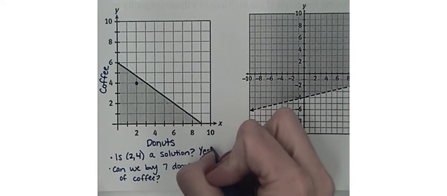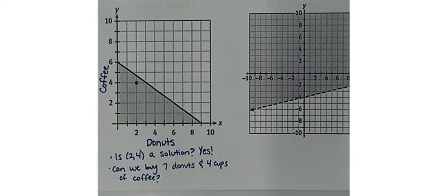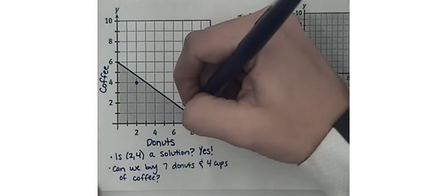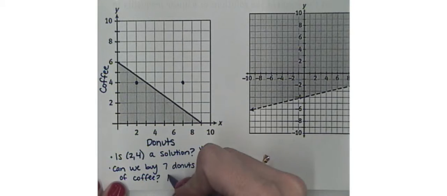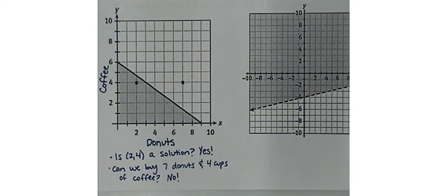Yes, because it's in my shaded area. 7 donuts, 4 cups of coffee. Nope, it's outside my shaded area. So that one doesn't work. Okay?